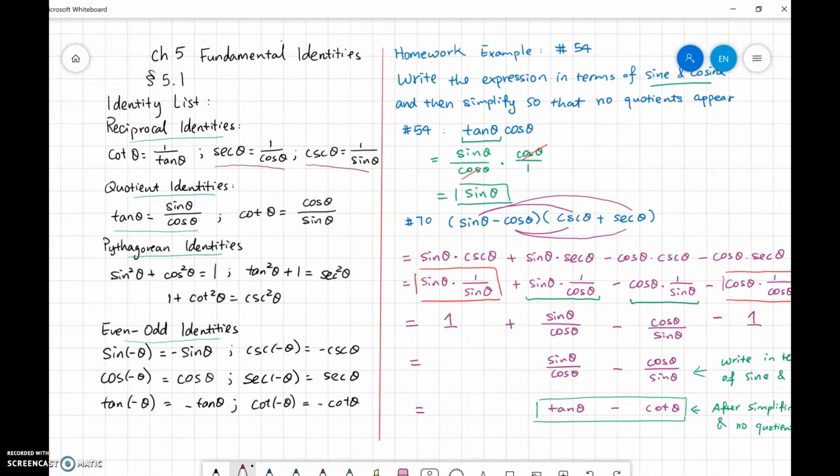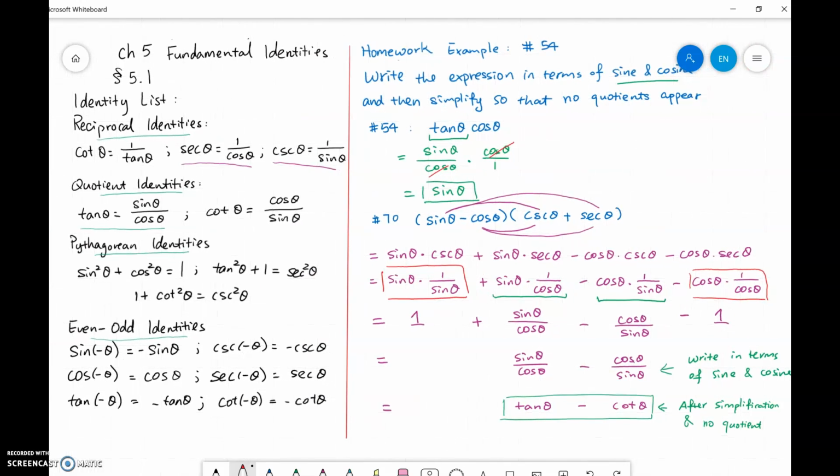One is tangent squared theta plus 1 equals secant squared theta, and the other one is 1 plus cotangent squared theta equals cosecant squared theta. The question we have is secant squared minus 1. So if we subtract 1 on both sides, secant squared minus 1 will become tangent squared, and cosecant squared minus 1 will become cotangent squared.